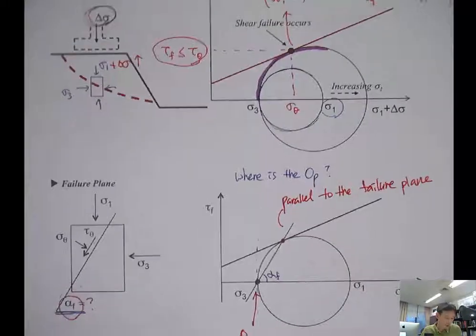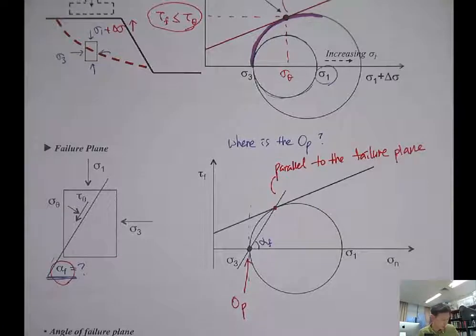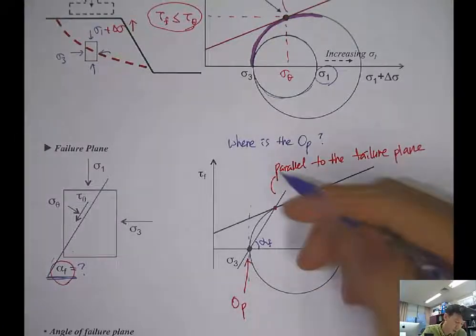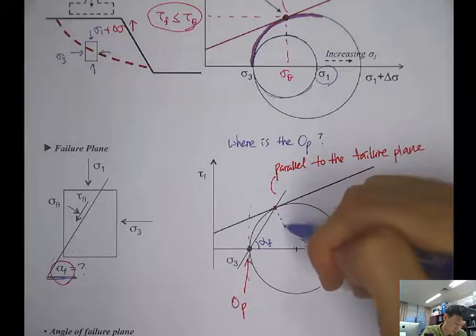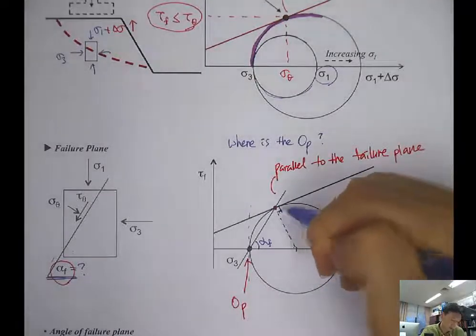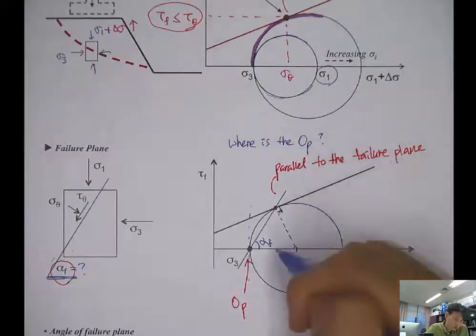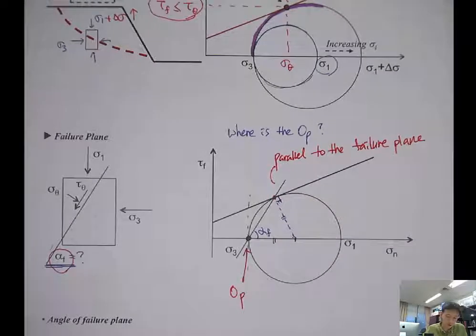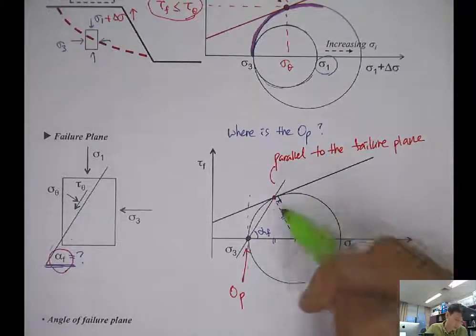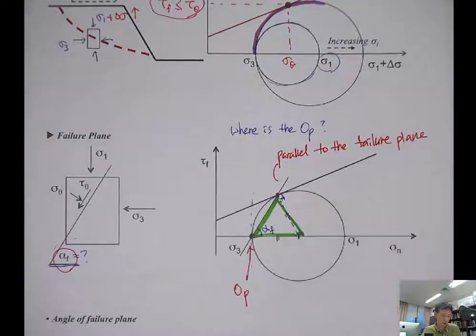So how can we find the alpha f? Using some trigonometric relation or simple geometry. This is the center. Then with the right angle, you will have the same side length for this triangle, right?